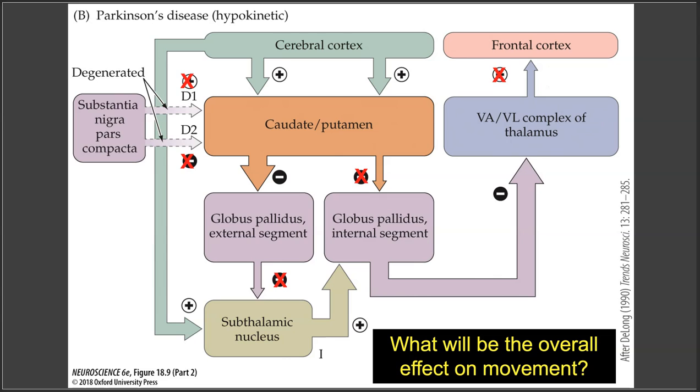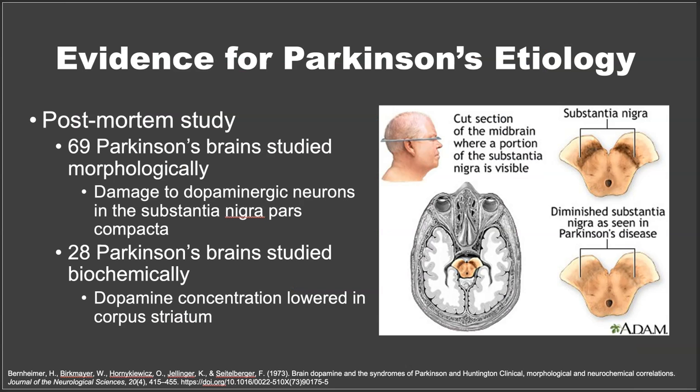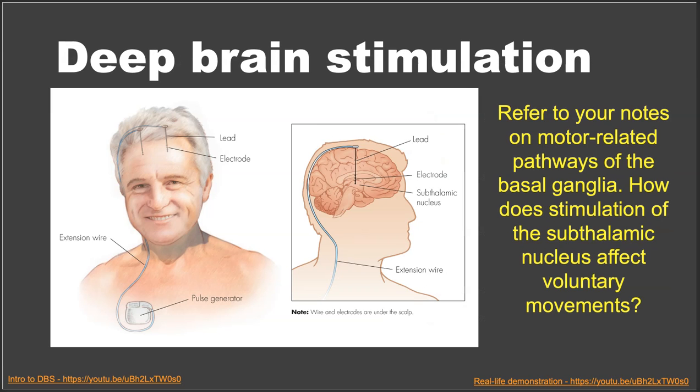So the idea would be that it's actually going to inhibit the undesired movements. So this is actually something we can see. This is, there we go, deep brain stimulation. This is something that's actually used to help prevent some of those undesired movements, such as maybe the tremors.